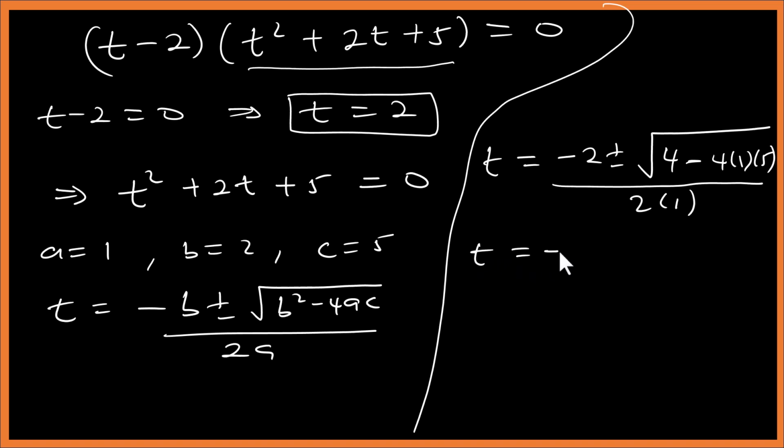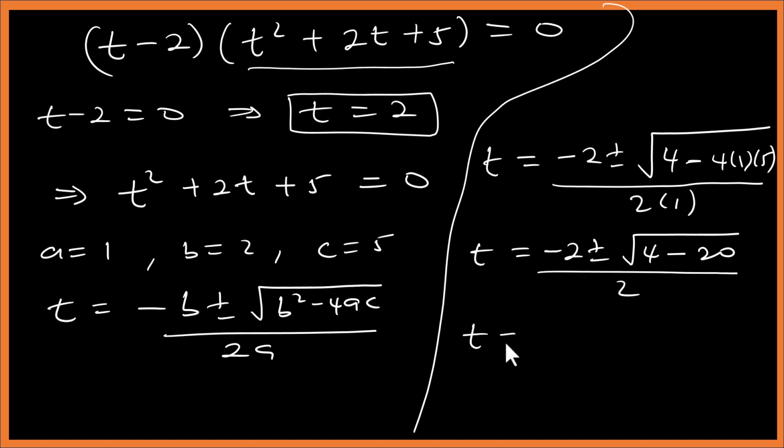So t is minus 2 plus or minus the square root of 4 minus 20, which is minus 16, on 2.